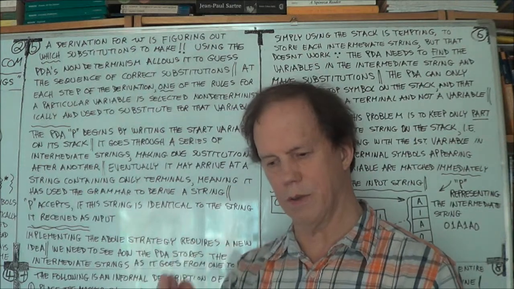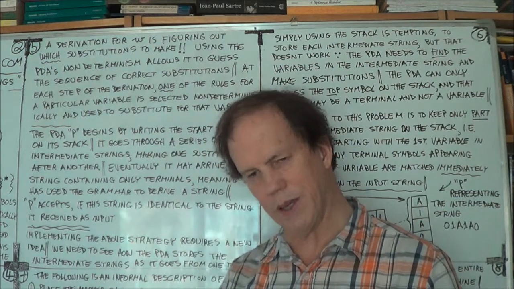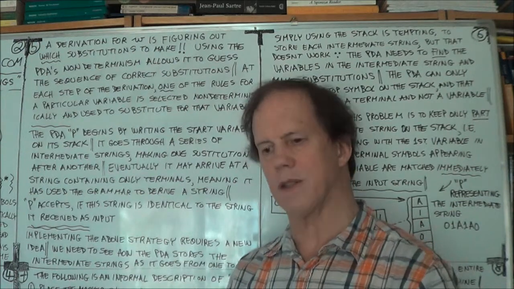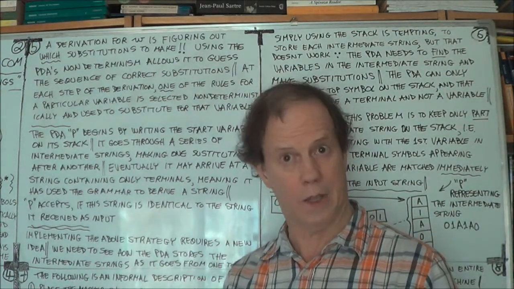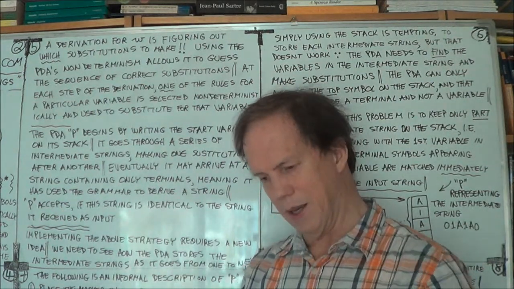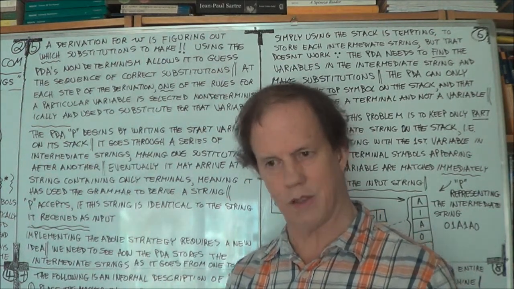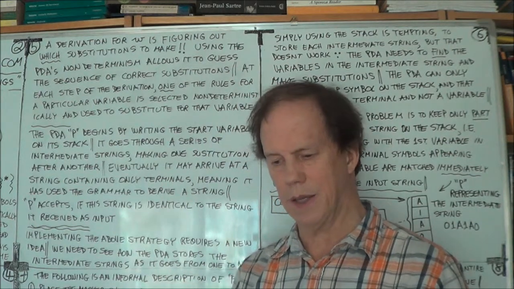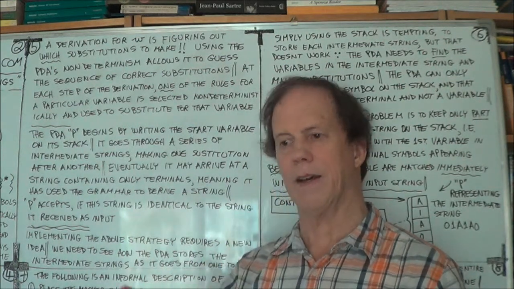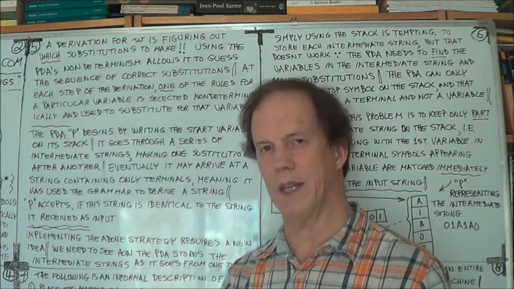And eventually, hopefully, you'll get a branch where the generated string going down that branch can be checked, if the branch's terminal string can be done. If it can't, that branch dies. But assume a particular branch ends up with a string that consists totally of terminals, and then you check that the string that branch generated matches the input string that comes into your PDA.